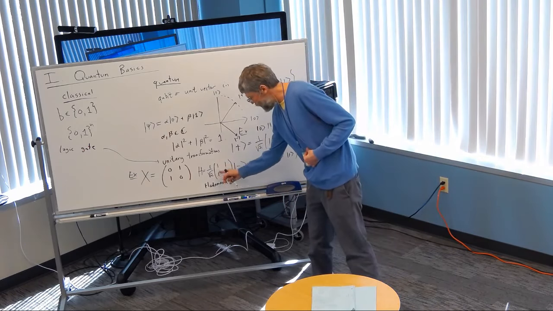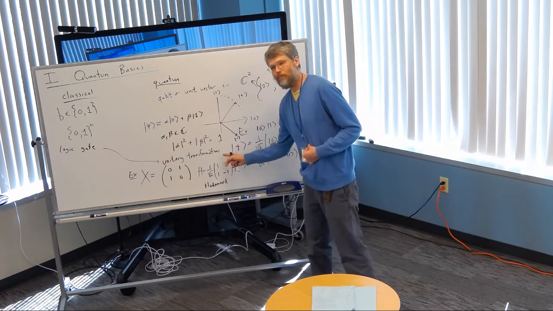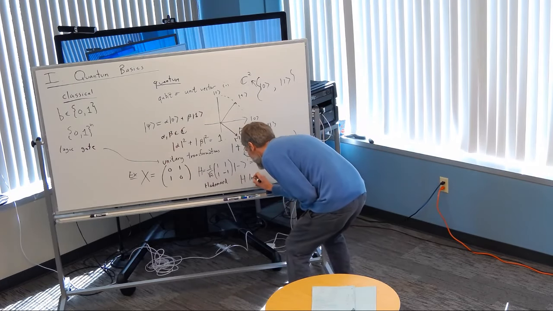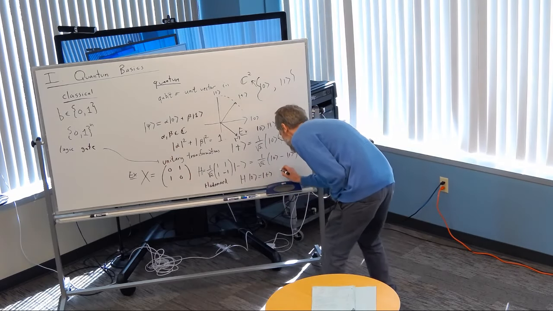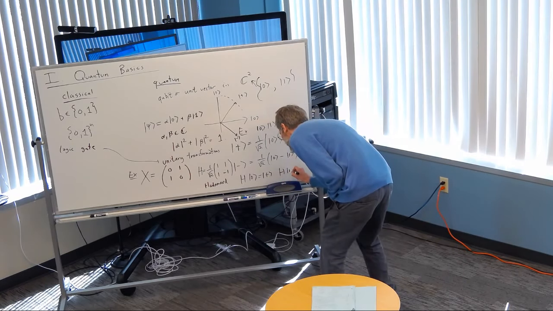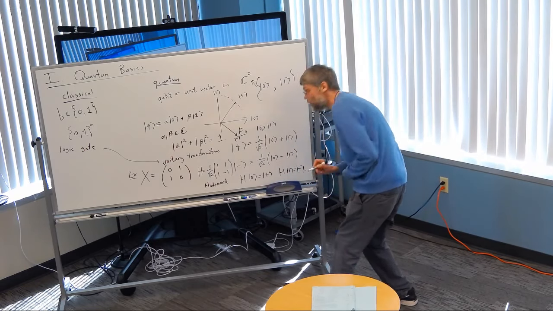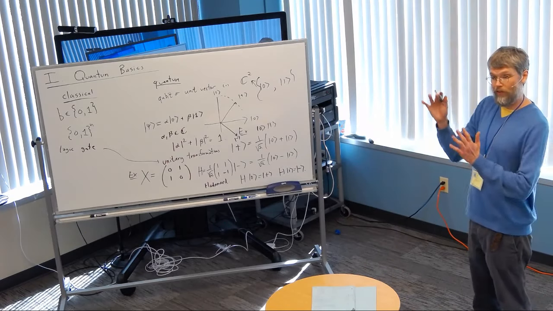It takes 0 to the plus state, and it takes 1 to the minus state. So H of 0 is equal to plus, and H of 1 is equal to minus. Okay. So effectively, it's a 45-degree rotation of the plane.